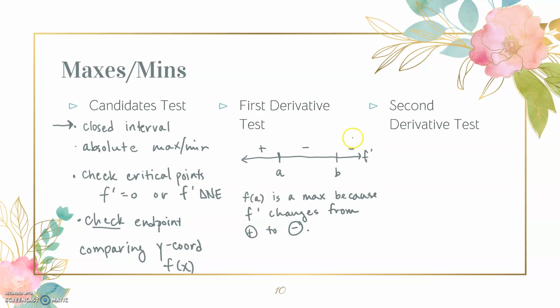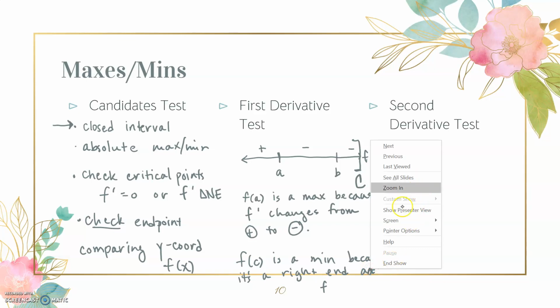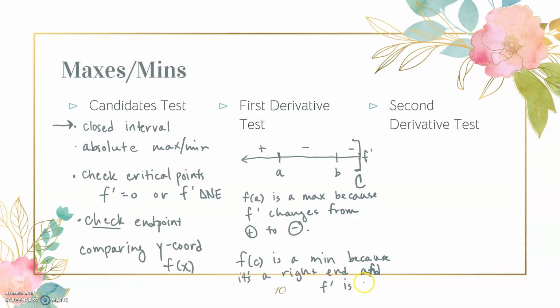You can also use the first derivative test if you wanted to talk about an endpoint. So at c, f of c is a minimum because it's an endpoint, and f prime is negative before it.